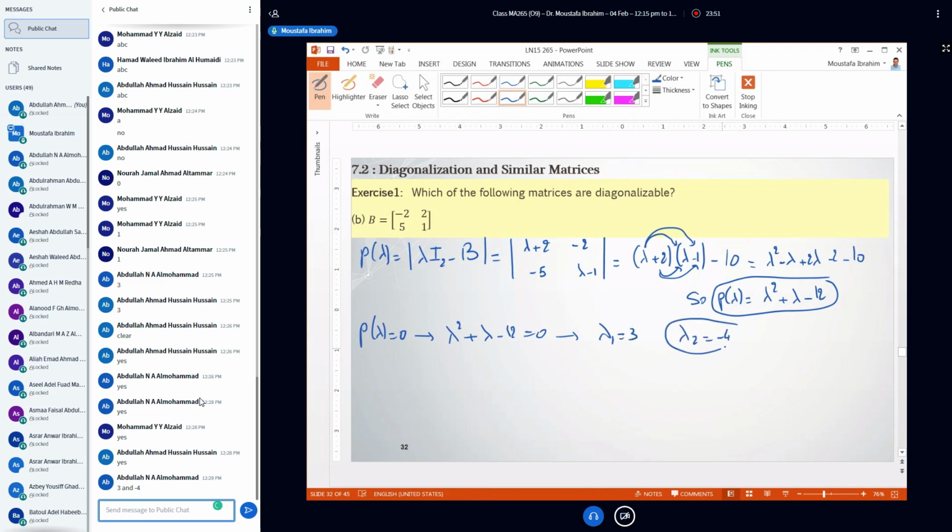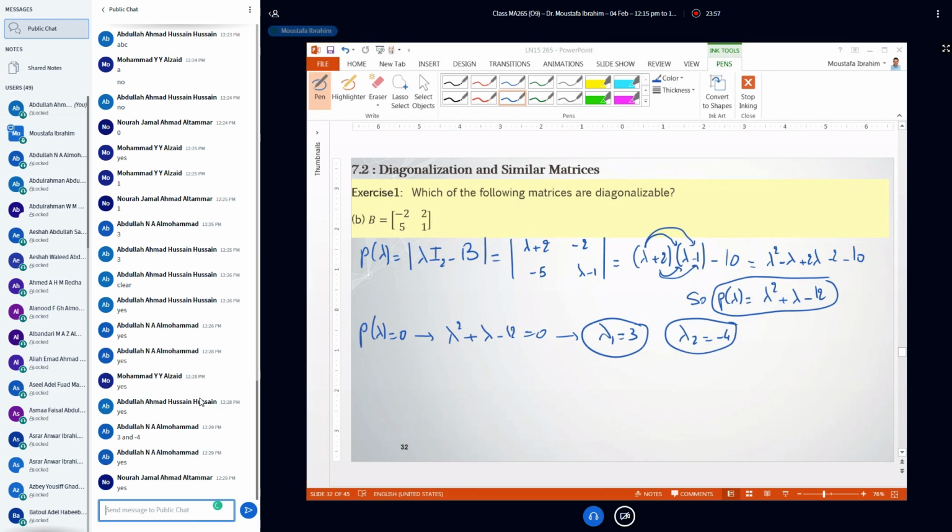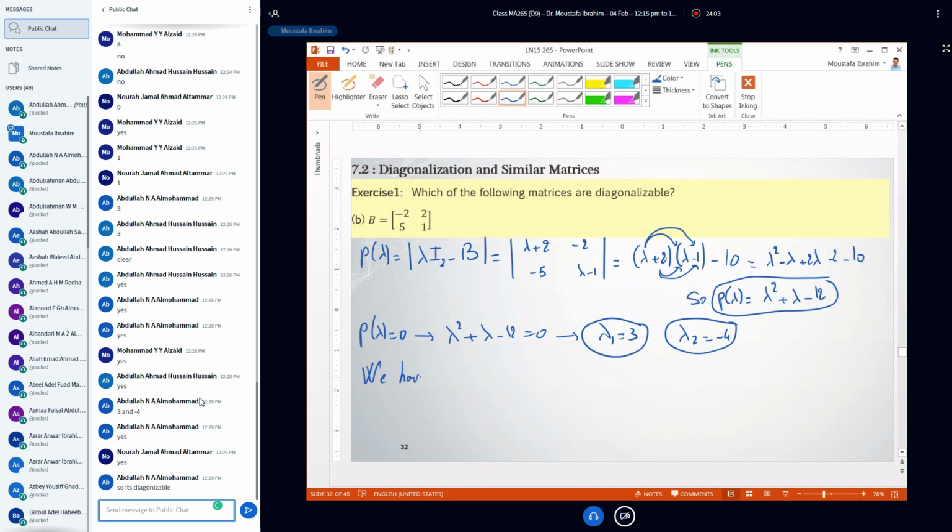Do we have distinct eigenvalues? Very good. So we have 2 distinct eigenvalues for B, which is 2 by 2. So exactly here 2 and 2, the same.